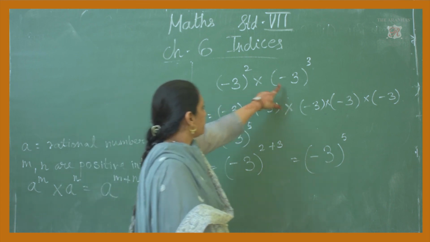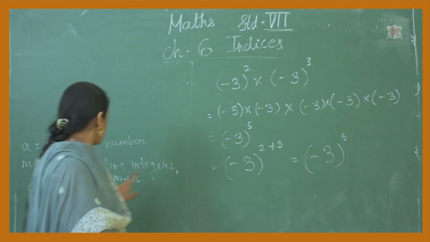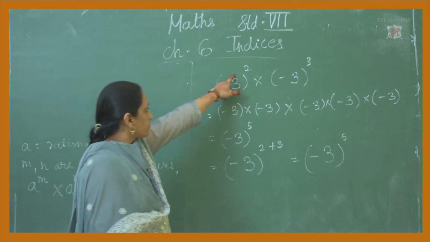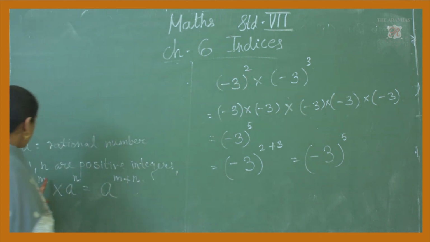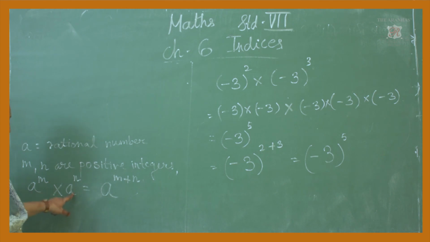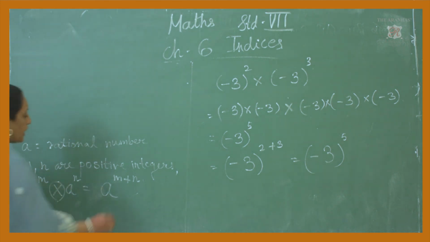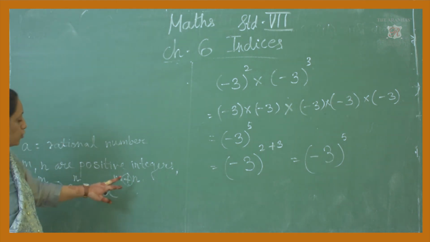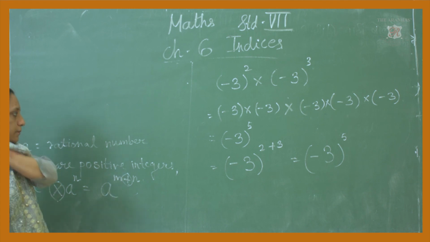From this example we understand that if the bases are the same, if we assume the base as a, if m is 2 and n is 3, then a raised to m multiplied by a raised to n is equal to a raised to m plus n. If multiplication is there in between, an addition sign will come in between the indices of those two numbers having the same base.